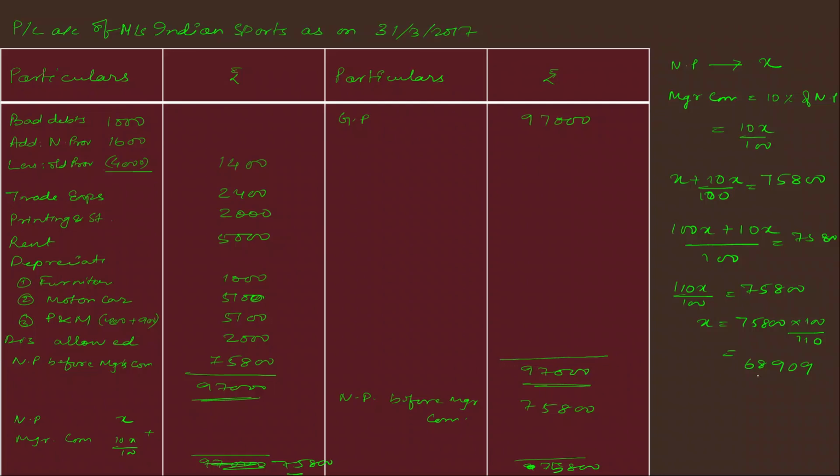So I am taking a round figure as 68,909, and 10% of this is my manager's commission. So 10% of 68,909 is my 6,890.9 or 6,891. So my net profit is 68,909 and my manager commission is 6,891. So here I will write the figures. 68,909 is my net profit and manager commission is 6,891.